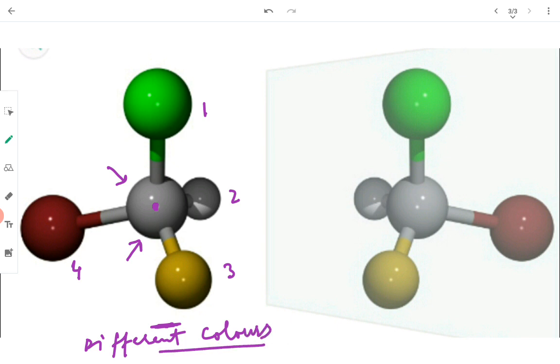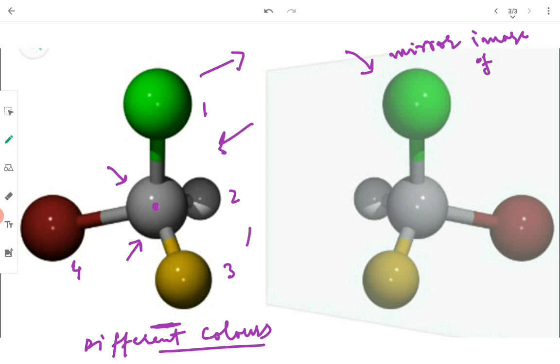So such a molecule which is attached to four different groups, you will see this molecule is the mirror image of that molecule.